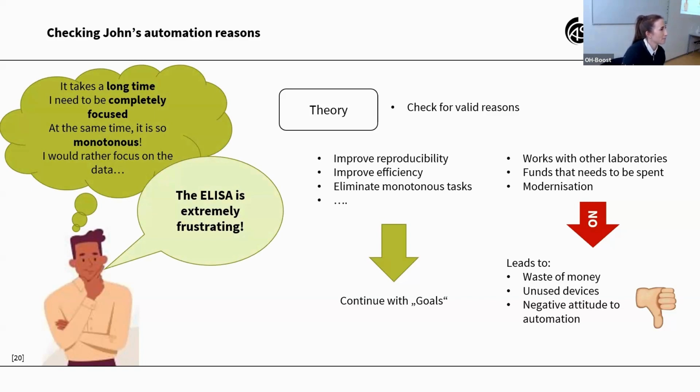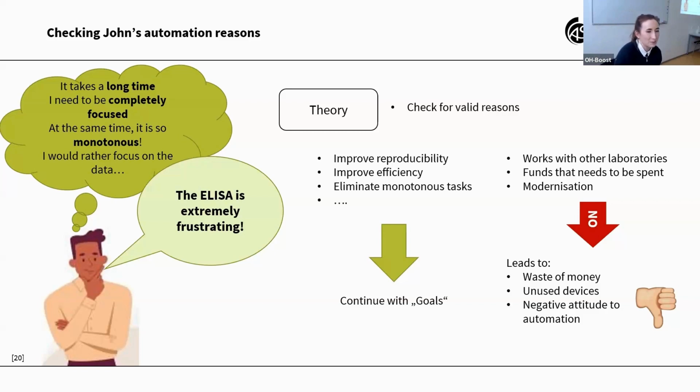Sorry, I have a question, sir. Just wondering, you say modernization is not a good reason to use automation. Isn't it that if we modernize, we always want to make things more automatic in a way? Why doesn't that work?